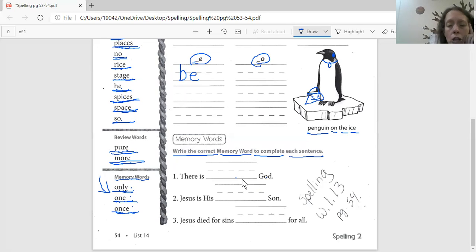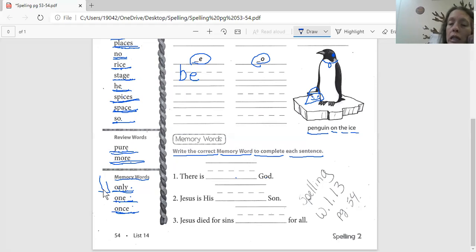Try them on like you're at the store trying on a new shirt. There is only God. Kind of makes sense. Let's see if there's one better. There is one God. Ooh, that one sounds good. What do you think? Or there is once God. Now that doesn't work.